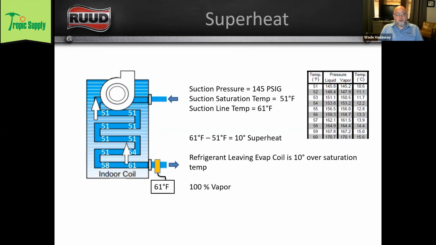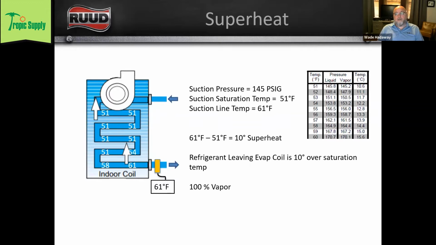If you're checking superheat at your outdoor unit, which if you've got an electronic gauge manifold that comes with two temperature clamps, and you clamp them on the outside, you're reading superheat, but it's system superheat. And the reason that matters is that suction line can continue to absorb heat depending on the conditions, right?